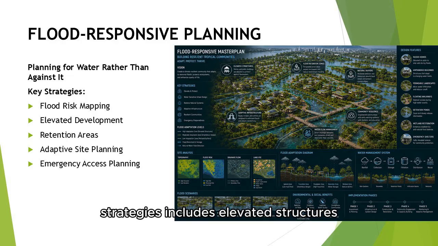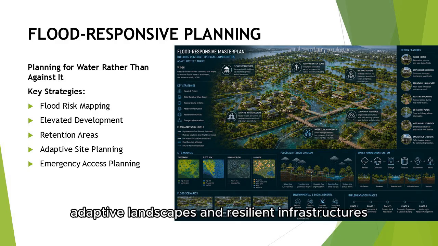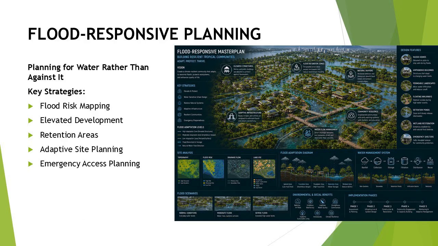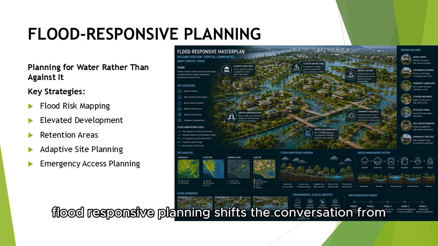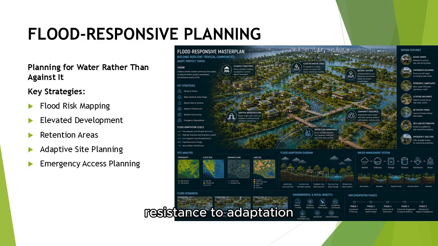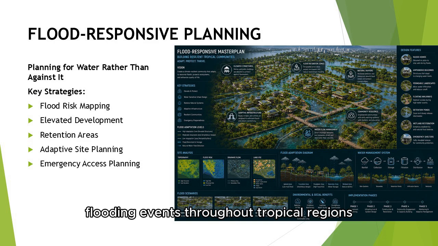Strategies include elevated structures, flood storage zones, adaptive landscapes, and resilient infrastructure. Flood-responsive planning shifts the conversation from resistance to adaptation. This approach is increasingly important as climate change intensifies flooding events throughout tropical regions.